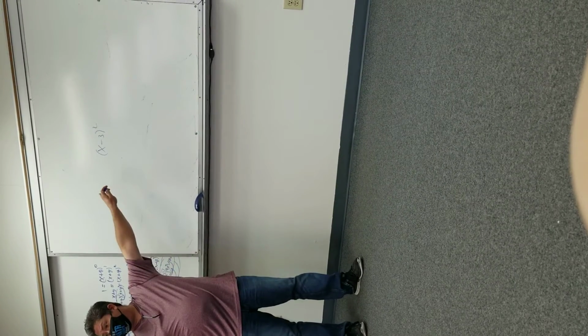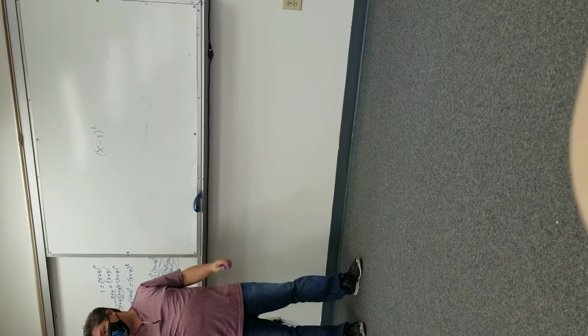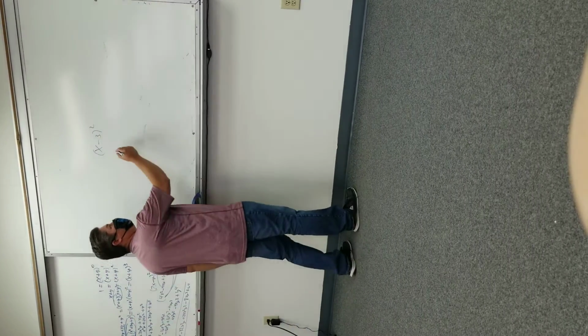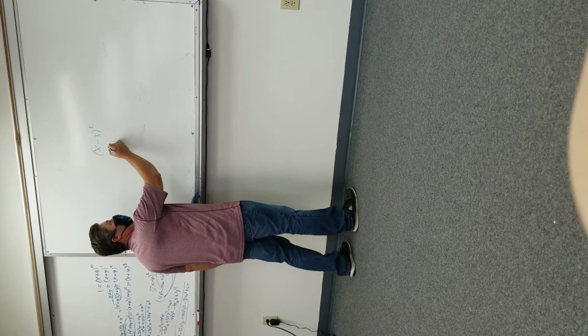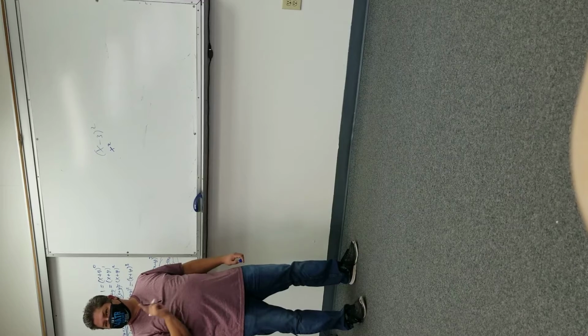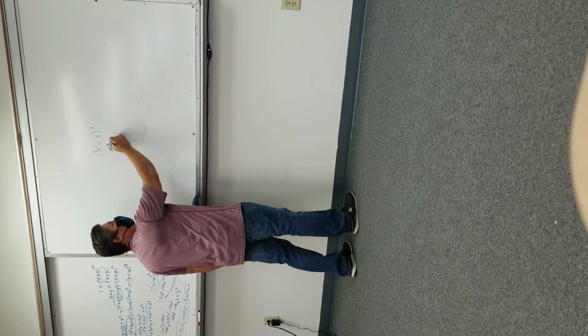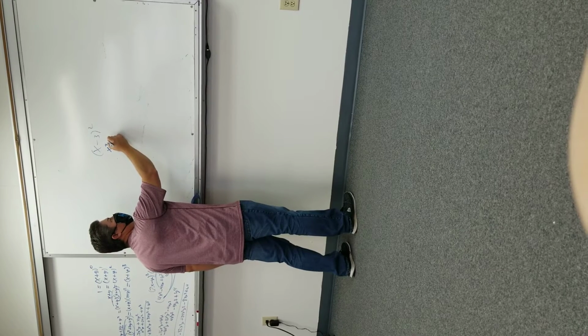So how do I expand that? Go ahead. How do I square that out? You do x squared. Yep. What'd she do? First term squared. Then what's the next term going to be?